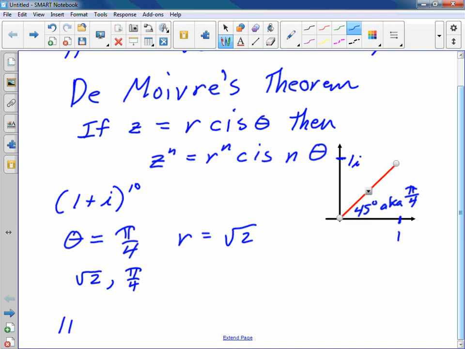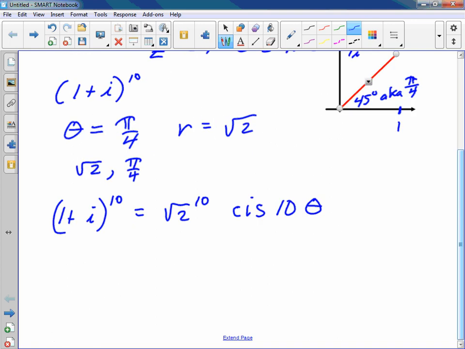So we would have 1 plus i to the 10th equals r, which is the square root of 2 to the 10th, cis 10 theta. So what's the square root of 2 to the 10th?